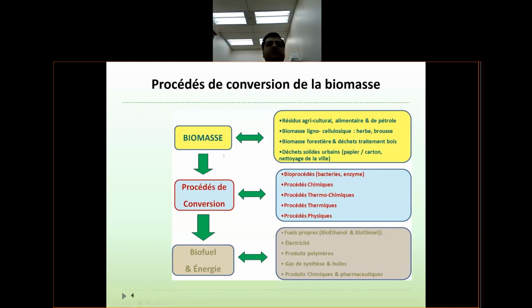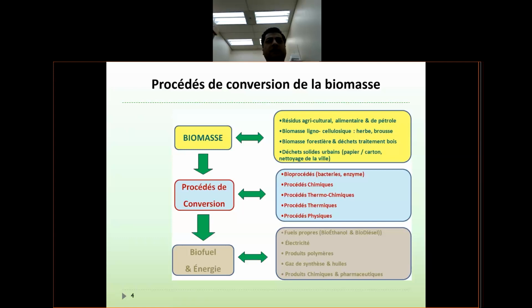Before that, I have to say something. Once you have biomass, let's say you have harvested biomass from the field, you cannot just directly use biomass in a processing plant because there are a lot of things associated with the physical and chemical properties of biomass that we have to take into consideration in order to provide biomass ready for conversion.